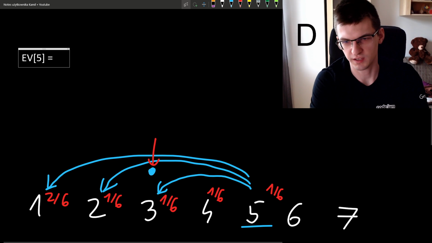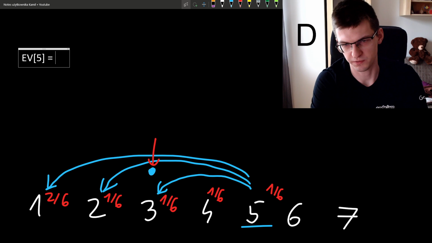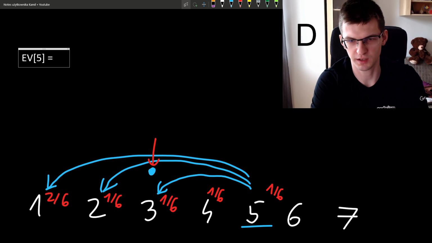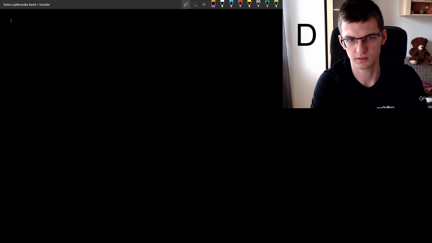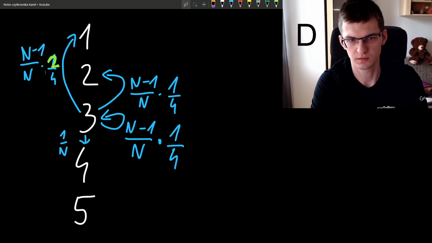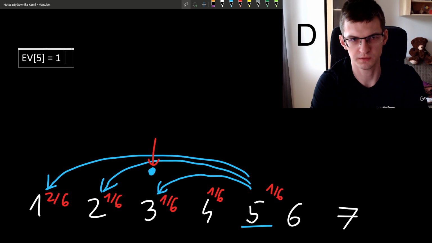What's the expected time when I'm in state 5? Well, it's 1 plus, maybe not 1 plus. Some probability I go to the next state. Wait a second. Oh, with probability 1/n.